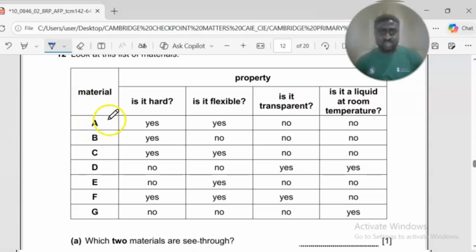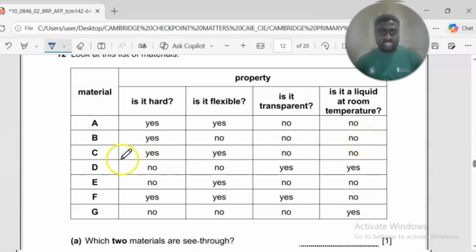So material A, is it hard? Yes. Material A, is it flexible? Yes. Is it transparent? No. Is it a liquid at room temperature? No. Is material B hard? Yes. Is it flexible? No. Is it transparent? No. Is it a liquid at room temperature?